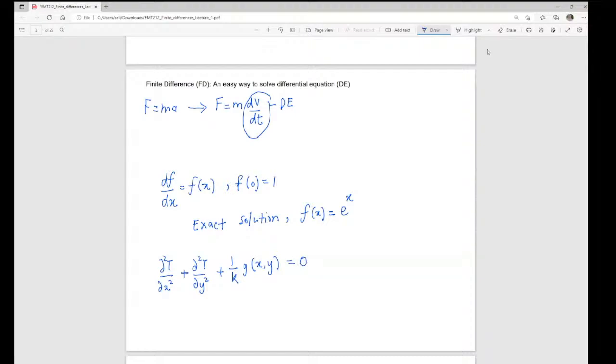This is steady state heat conduction, with heat generation.